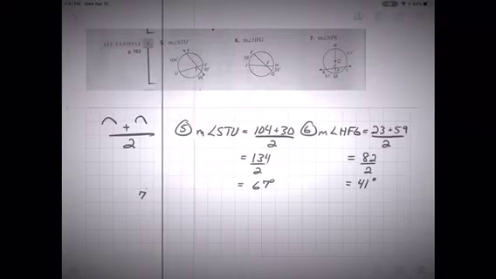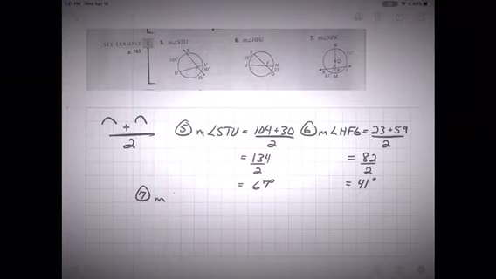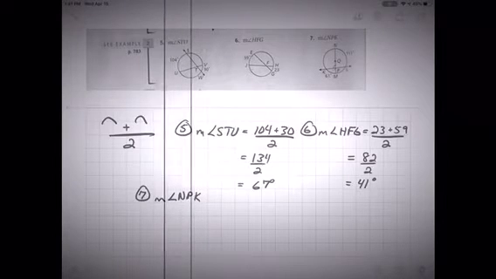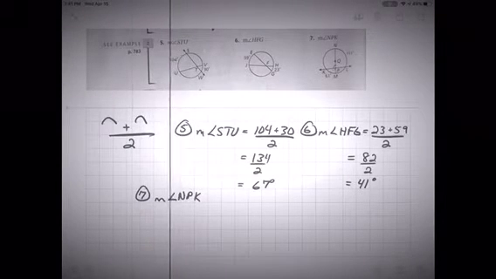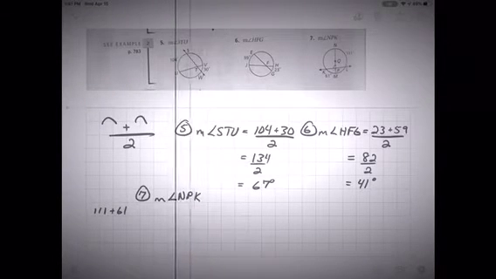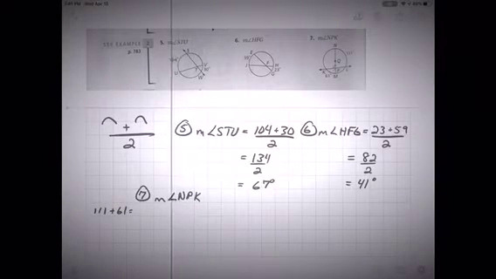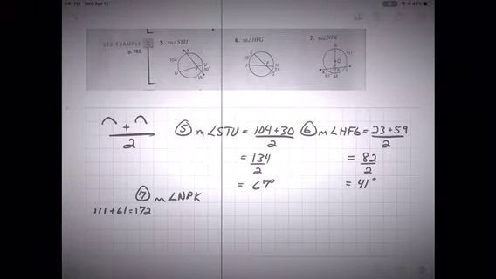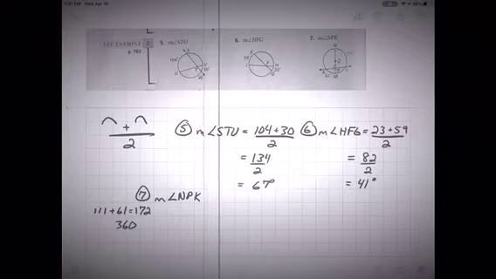We're going to do the measure of angle NPK, but notice that the arcs that NPK cuts off are not given. So what we're going to do is find the other two arcs added, 111 plus 61. We're going to subtract that amount, which is 172, from 360.